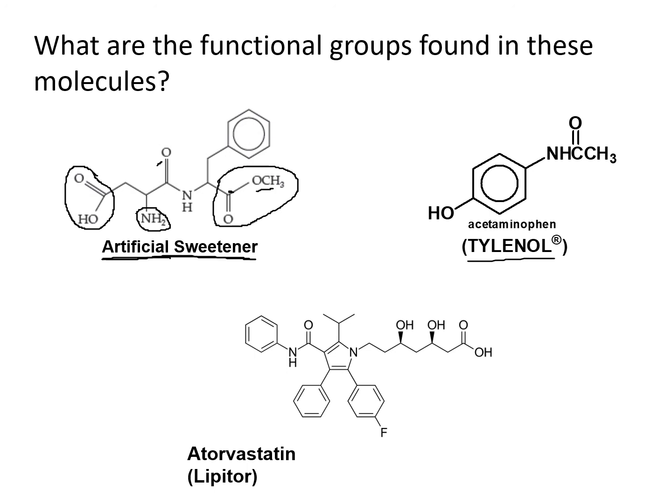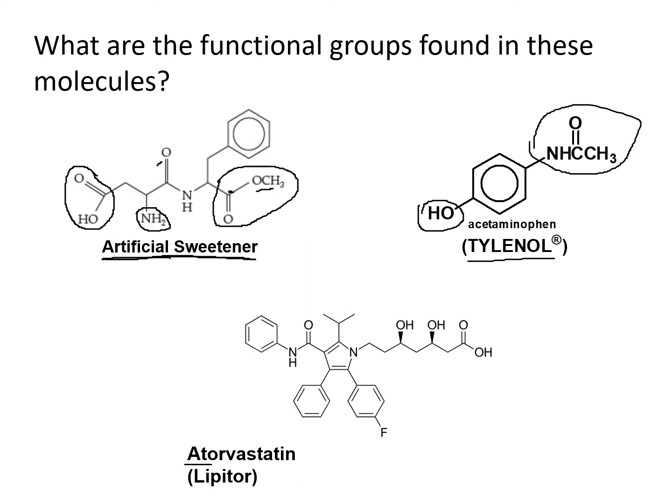Second up is Tylenol, also known as acetaminophen, a common drug used to lower the fever basically. And the two groups found in this one are the hydroxyl group, the OH, and the carboxyamide group present, this big one right here.